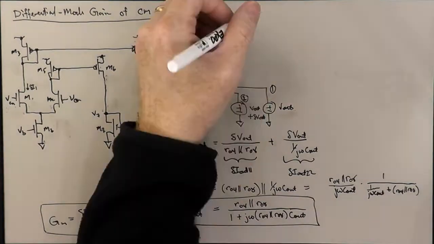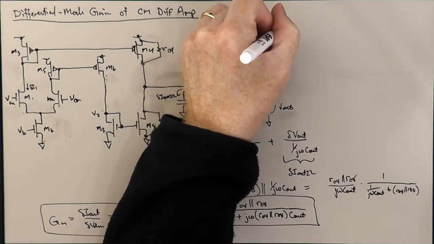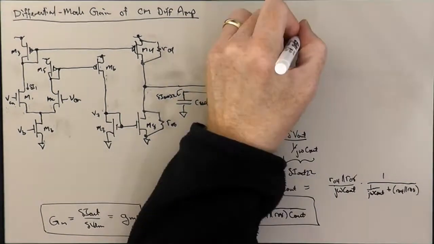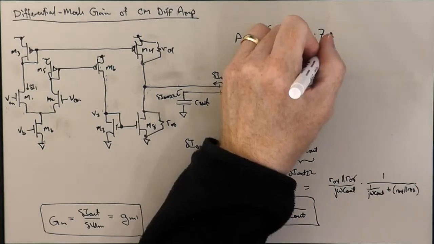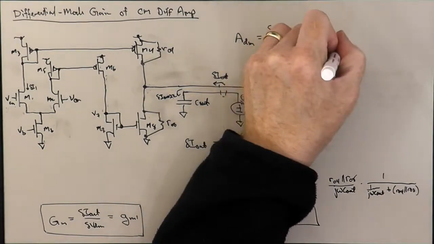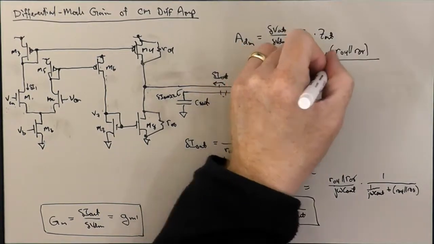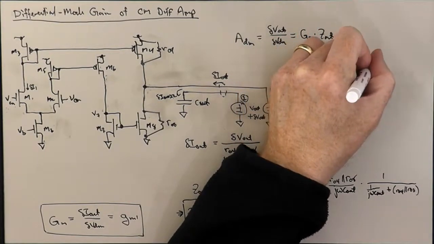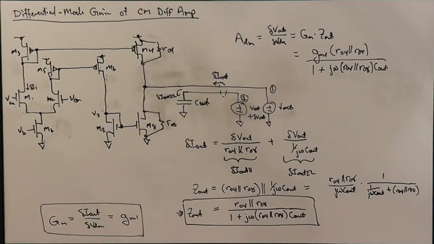So the gain on node fixing, it's going to be a GM times Z out, which is going to be GM1. So here we have an interesting result.